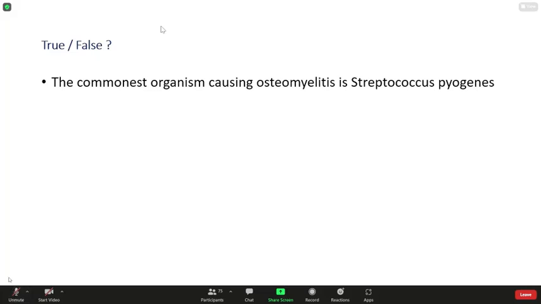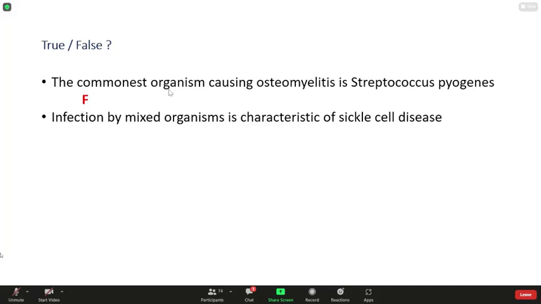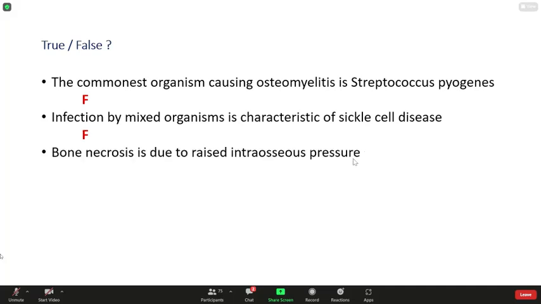Yeah, that is false. Second one: infection by mixed organisms is characteristic of sickle cell disease. False. In sickle cell patients usually get Salmonella-induced osteomyelitis.